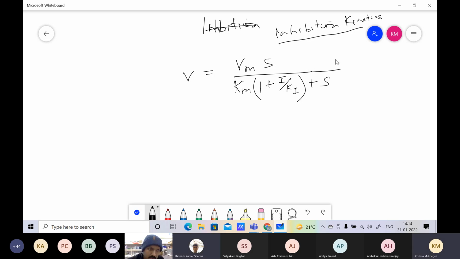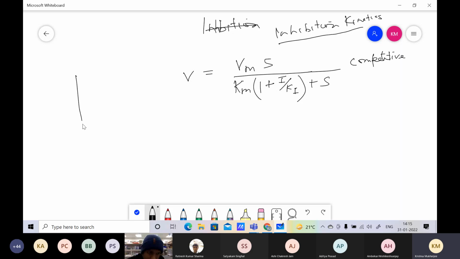So this is called competitive inhibition. Because the inhibitor competes for the enzyme, the ability of the enzyme to bind to the substrate, which is measured by Km, the affinity of the substrate, changes in the presence of inhibitor. So Km tends to increase.